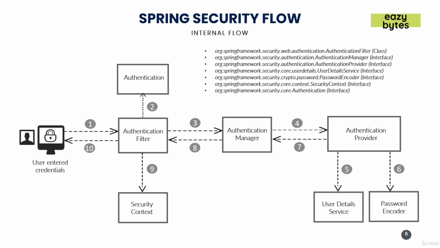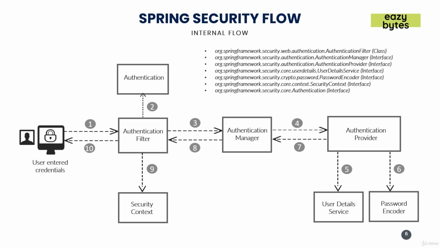Once it intercepts the request, it will try to convert whatever authentication details we receive from the user, like username and password, into an authentication object. This authentication object is the base where all the validation of user credentials happens in the further steps.